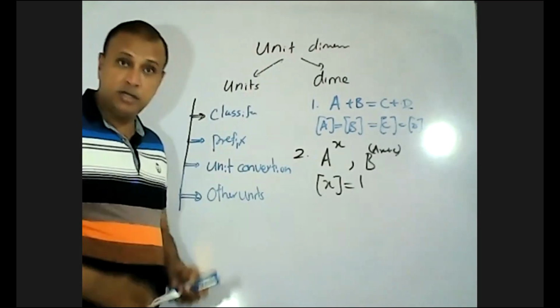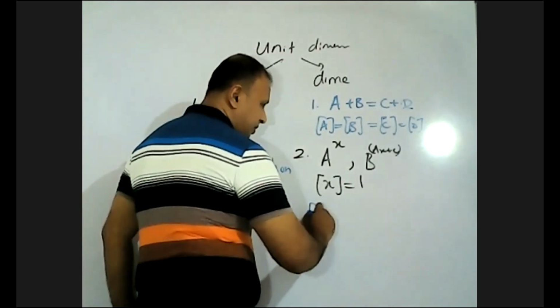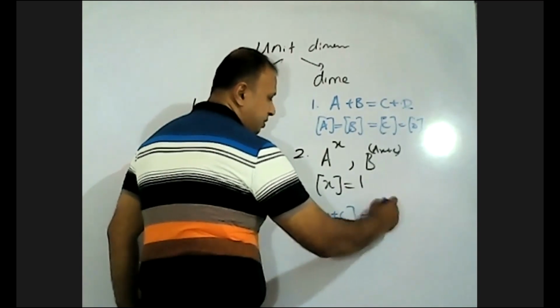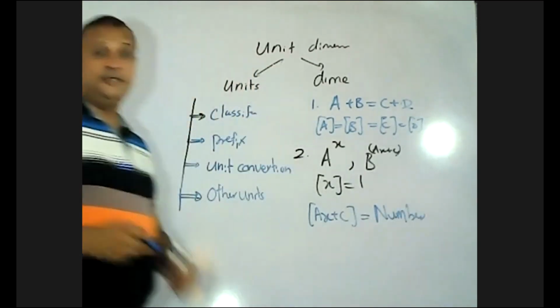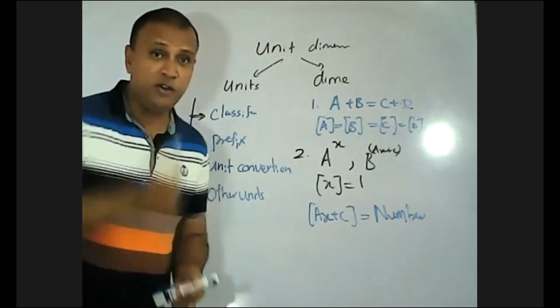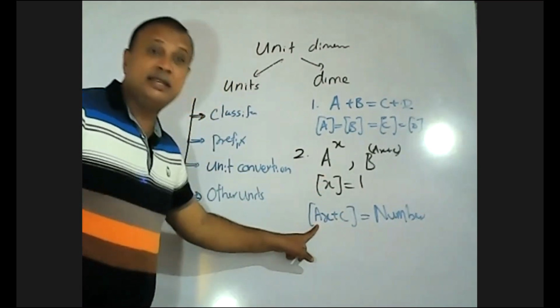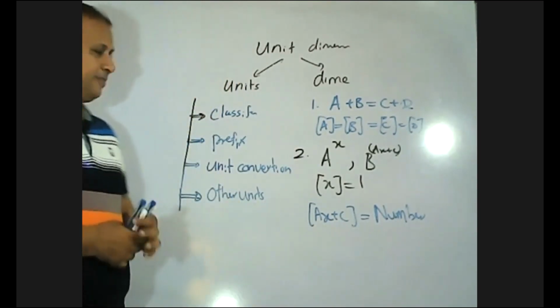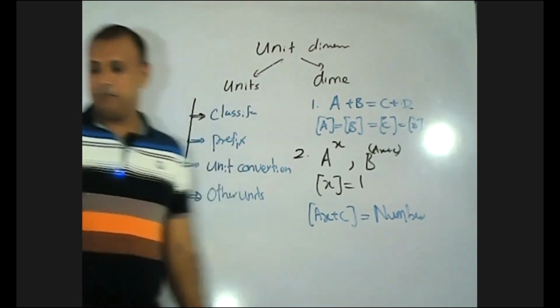Then this ax plus c part should be a number. You have to remember that if it is a number, then ax is a number and c is also a number. Those kinds of things you have to remember.